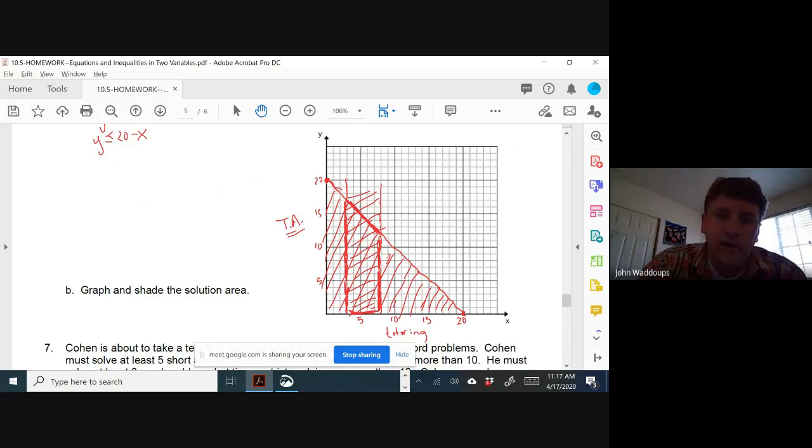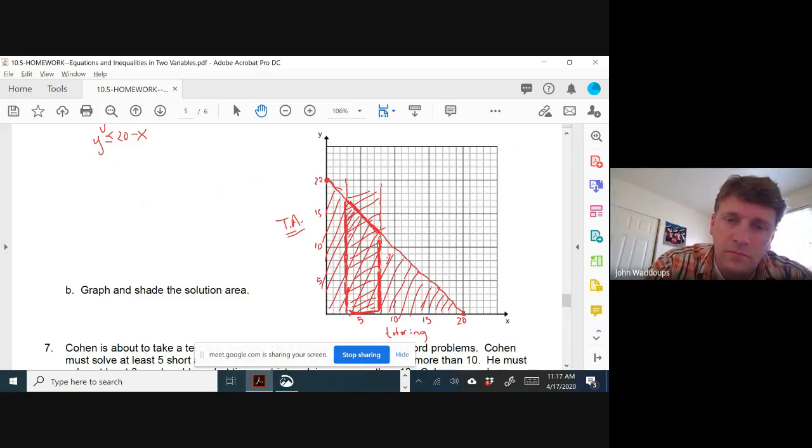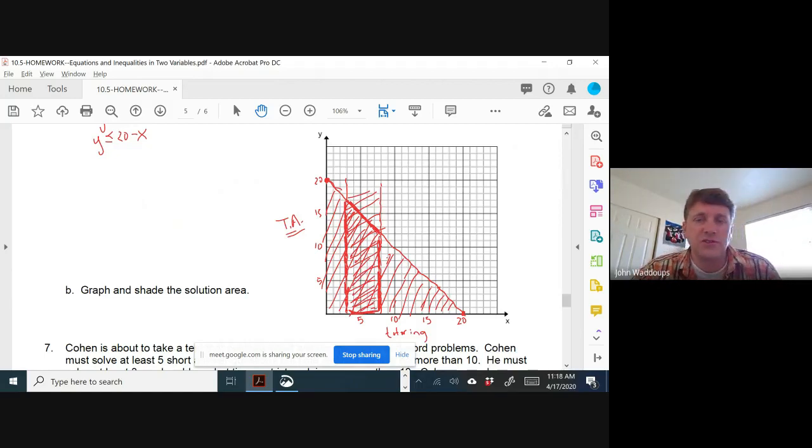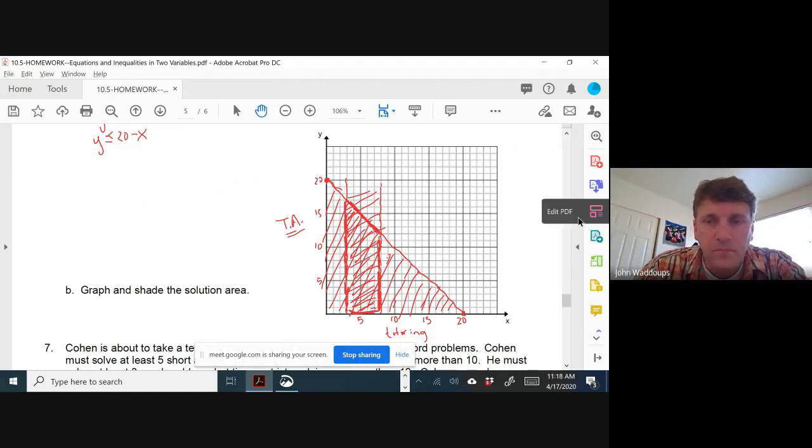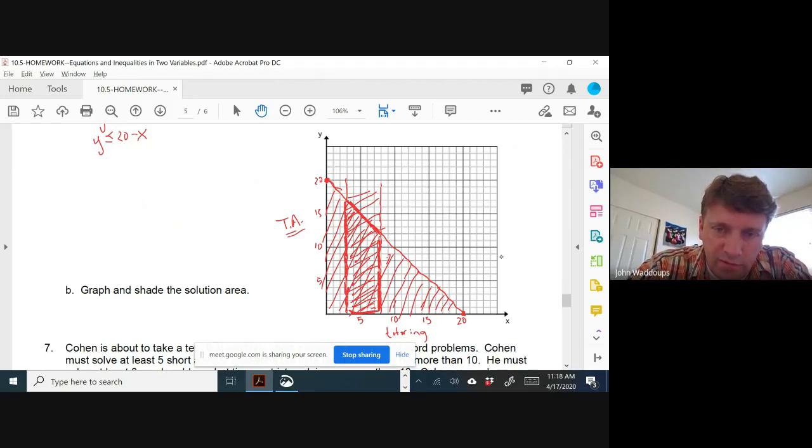This part right here is the solution set that works for all of them. So if you took this point right here, for example, x is 3 and y would be 17, and 3 plus 17 is less than 20. So that works for all of the conditions set up in the problem.